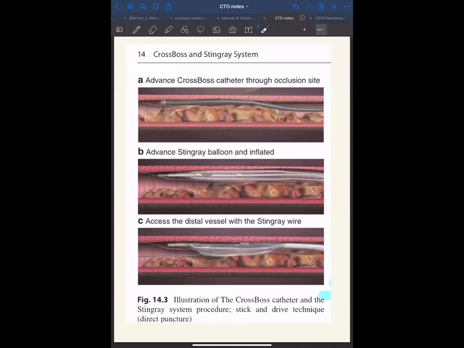In the next figure, yes, there will be a side port here, and there will be a side port distally. One on the proximal end, one on the distal end. Both of them are 180 degrees apart. If the guide wire comes like this, it will exit this way, or if you pull it back and push it further, then it has to come towards the lumen only.